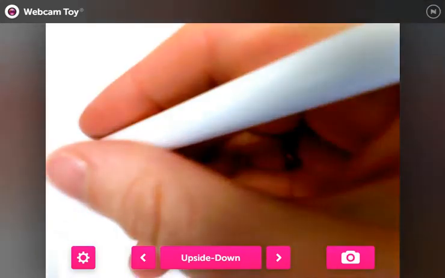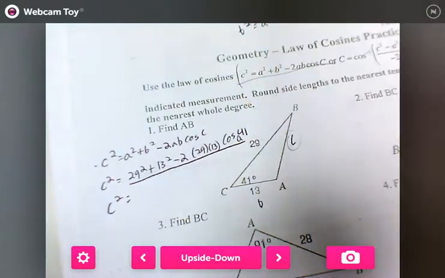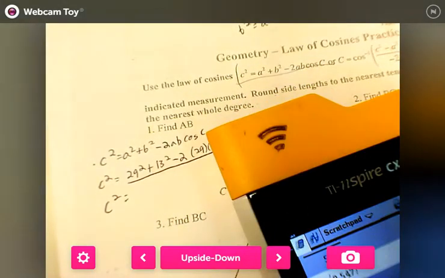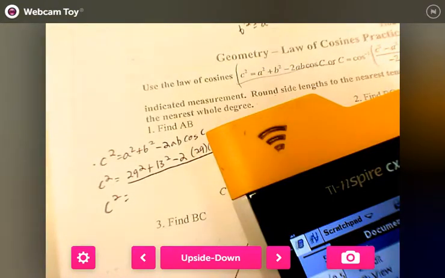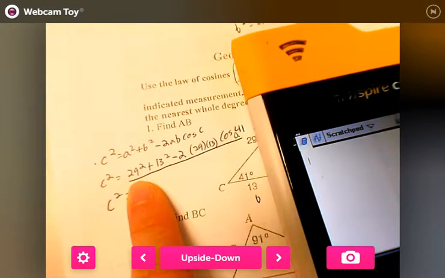Next step, we go c squared equals, and we literally are going to put that in our calculator exactly like that. So I'm going to pull up my calculator, and I'm literally typing it in exactly as it says.